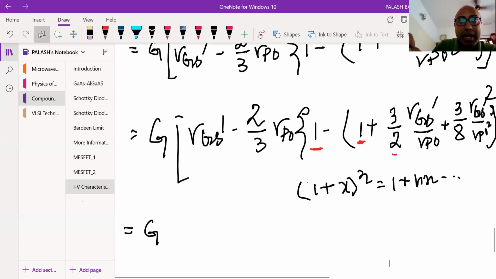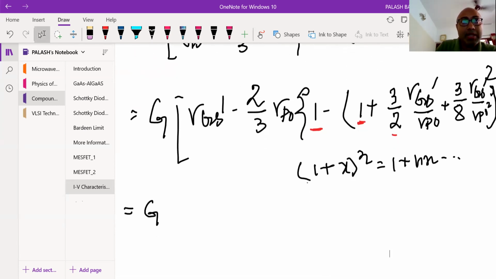So what I was looking for: if you try to manipulate, 2 by 2/3 of VP0, this 3 by this one actually gets cancelled. This 3 by 2, 2 by 3 get cancelled. This VP0 gets cancelled.